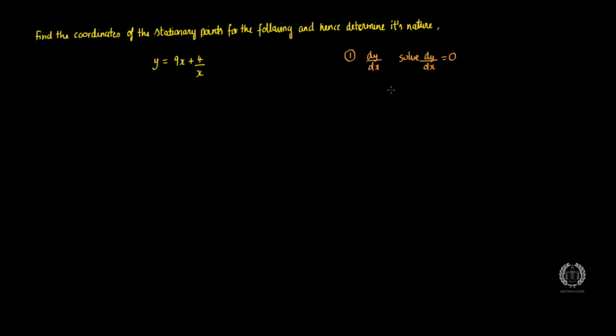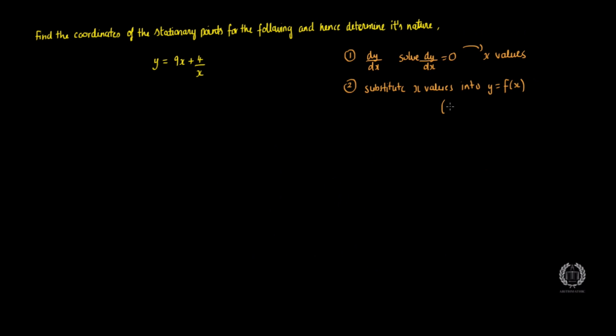Once you have your x values, to find the coordinates of the stationary point, you substitute the x values that you found into your original curve, your y equals f of x curve. So in this case, it's going to be into this curve to find your y value.